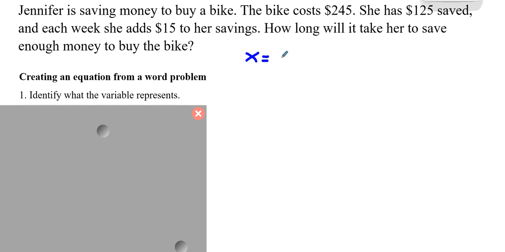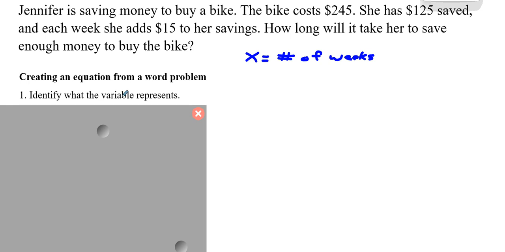A lot of the time, it's just the last question, the only question in the problem. How long will it take her to save enough money to buy the bike? So x will be the number of weeks of savings. We can just say number of weeks. We don't have to go any further than that. So we're saving for x weeks.